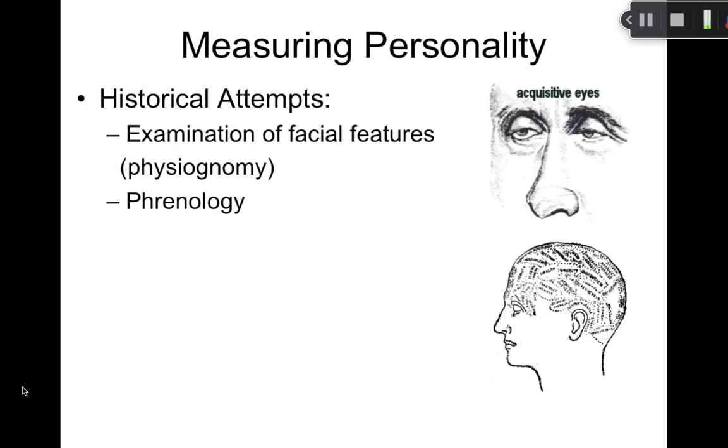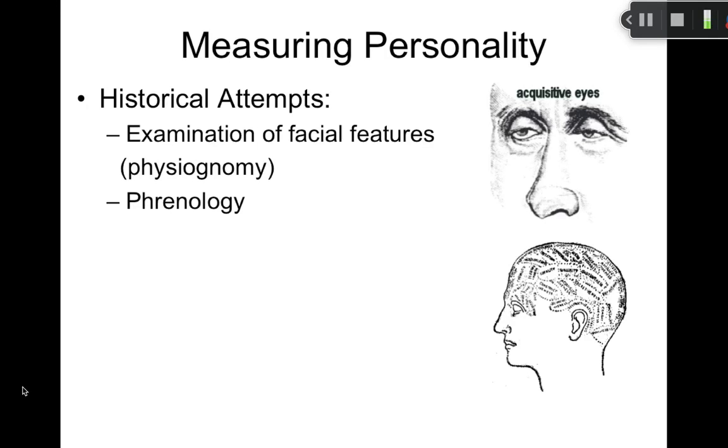Physiognomy was the examination of facial features. It was thought at one time that from the physical features of a person's face, you could tell something about their inner personality traits and attributes by sorting out what kind of eyes they have or what kind of nose, so we could make a determination about an internal state or trait or attribute based on somebody's appearance.